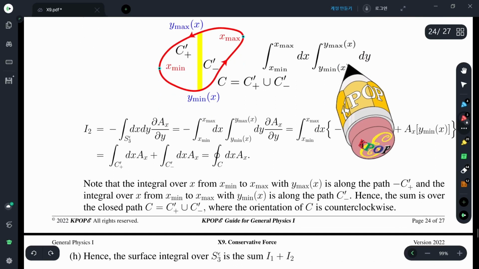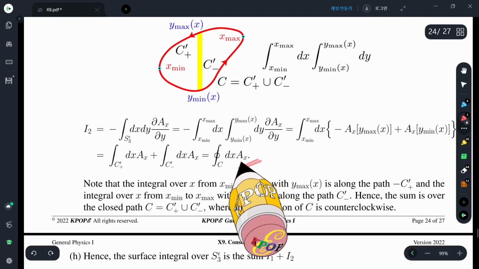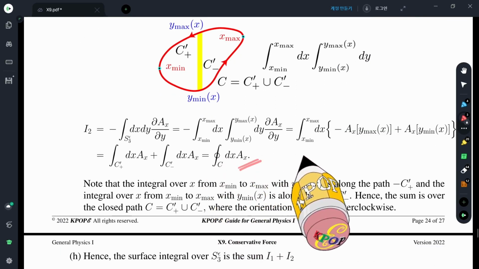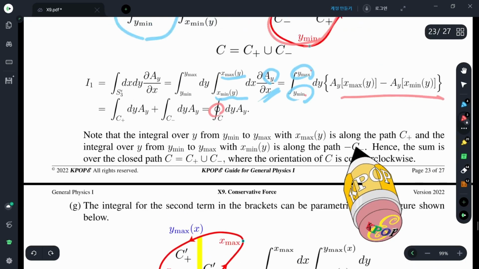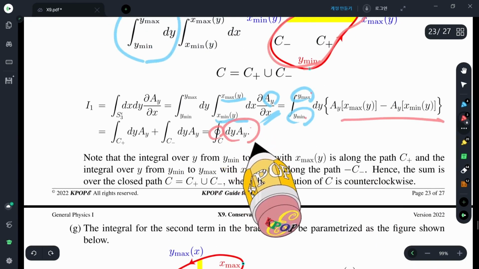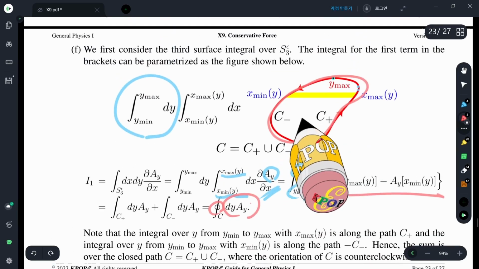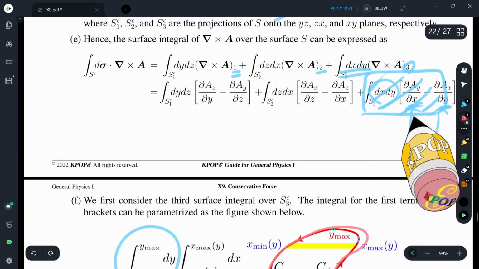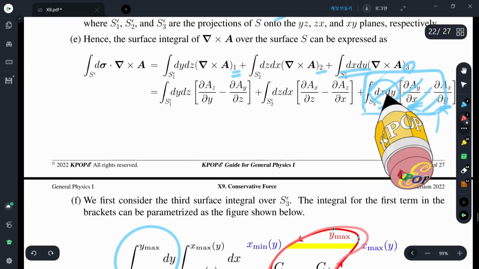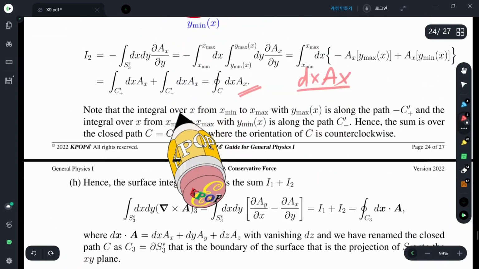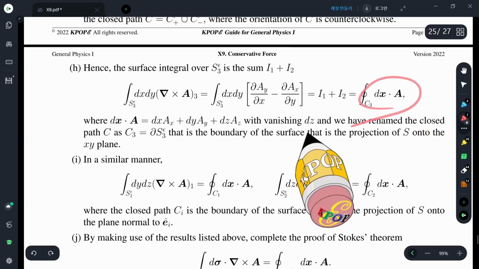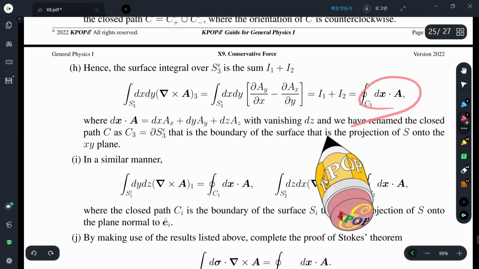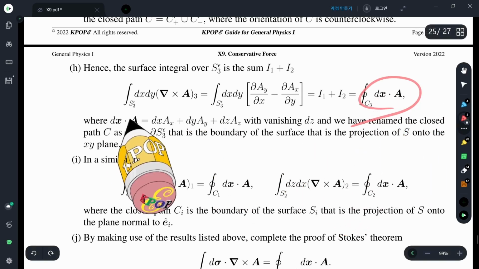The problem is that this one is integrated over dx Ax, and this part we have dy Ay. The sum of these two contributes to the third term. The sum is this one, a line integral over a closed path on the xy plane.